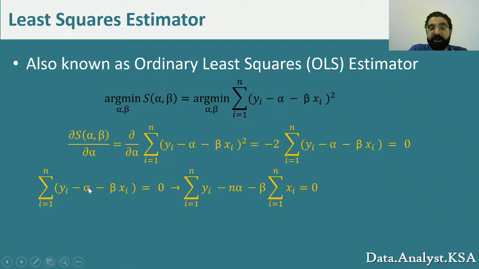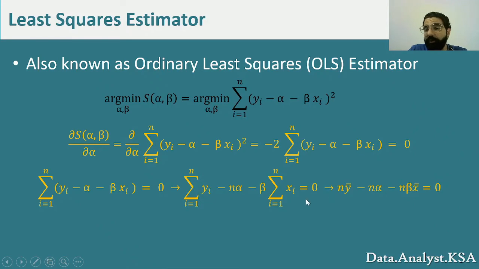If I put the sum next to alpha, it's alpha plus alpha plus alpha, n times, so it's n times alpha minus beta times the sum of xi. Xi has different values, since every observation had a different value for x, so I sum over all these x's. And this is set equal to 0 to find the alpha that minimizes this equation.